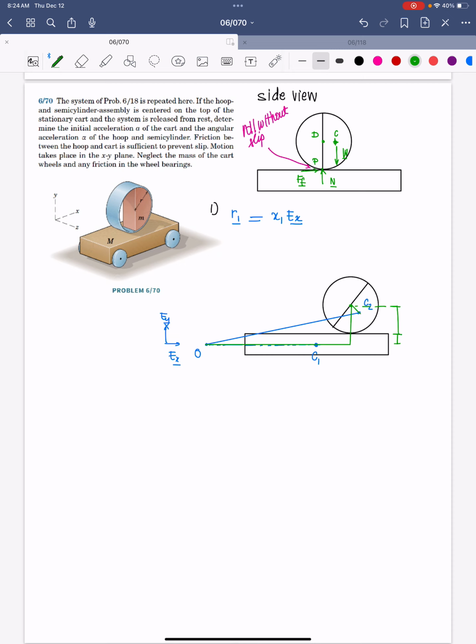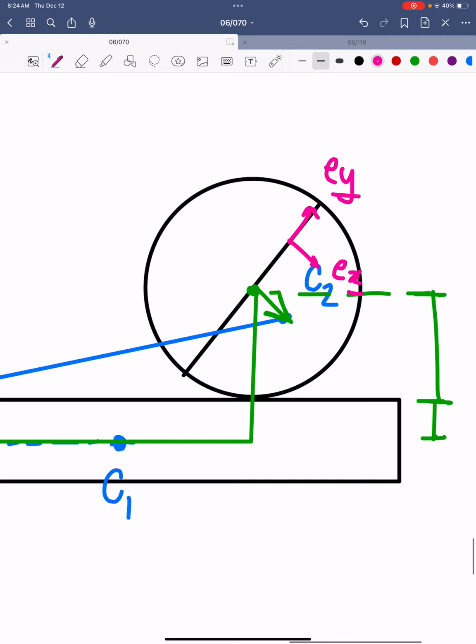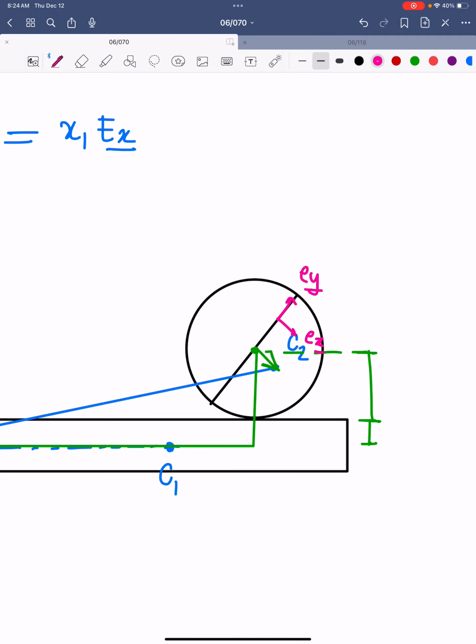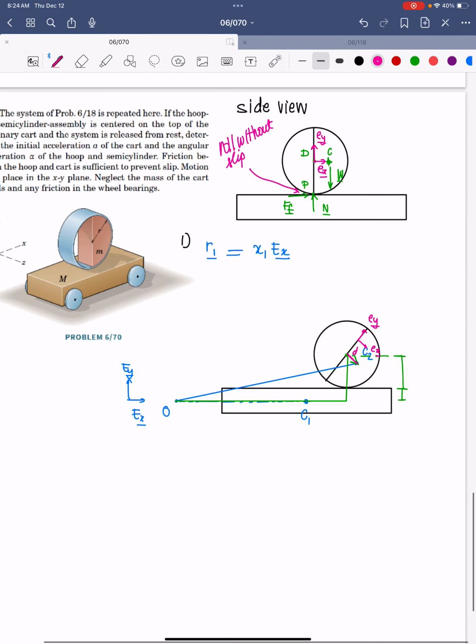And this vector here we're going to define this way. We take a co-rotational basis on the disk, ex, ey, and C with respect to D always points along little ex. So in this case, this co-rotational vector is like this. Sorry, this distance, let us call it d for now, it points along the co-rotational ex.